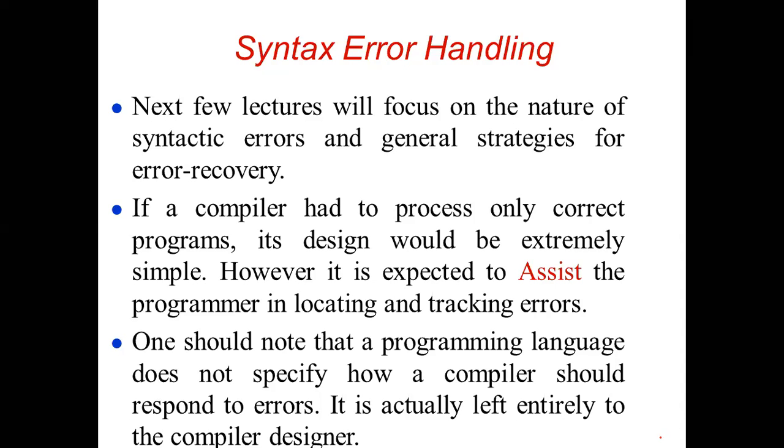Okay, and if there is an error, then the compiler will do the error recovery. So there are few errors that can be recovered by the compiler or by the programmer itself. So one should note that programming language does not specify how a compiler should respond to error. It is actually left entirely to the compiler designer.